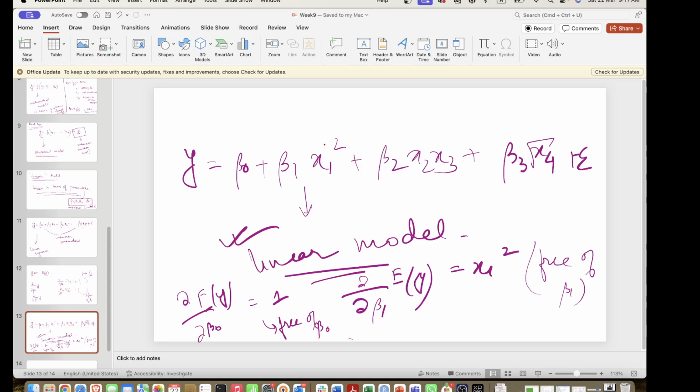in the sense that they should have power 1, and whenever we differentiate partially with respect to however many number of parameters we have, all of these partial derivatives should be independent of the beta that we are obtaining the derivative of.